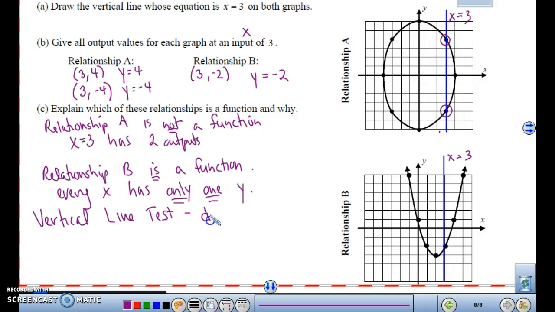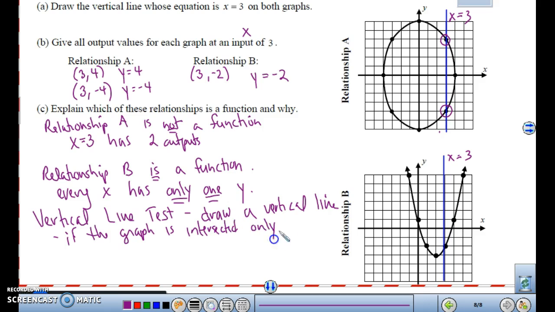All right, so if you draw a vertical line on a graph, if the graph is intersected only once, it is a function.